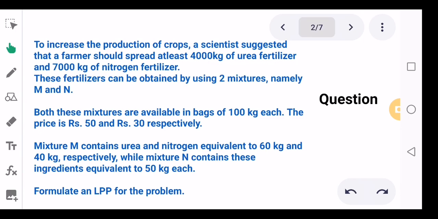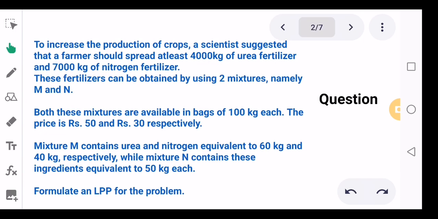We have to buy such a combination of M and N that we are able to do what the scientist has told, and also the farmer is spending as little as possible. You have to make sure the farmer is spending as little as possible, and also that what the scientist has told is done.